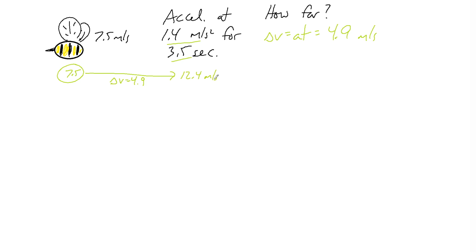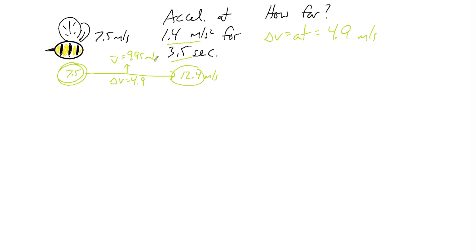Now that I know that, it started at 7.5, ends at 12.4, so I can just find the average of the first and the last speeds, and that'll give me my average V. So right in the middle here, my average of 7.5 and 12.4 will give me 9.95 meters per second. So that's my average V.